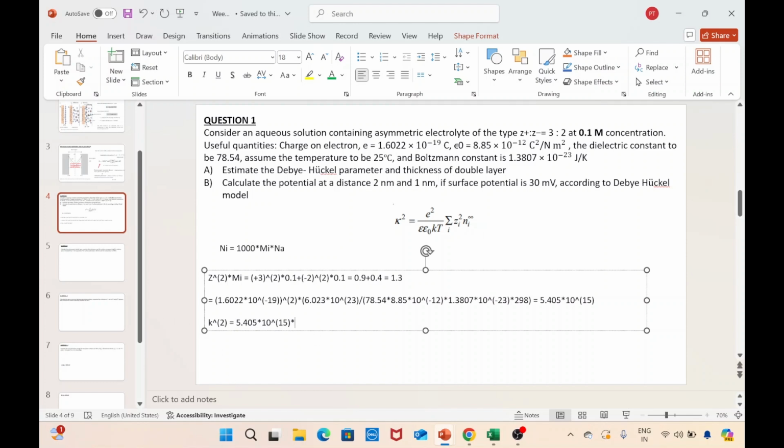just a second, we forgot to, yeah, here it is, times 1000 times 1.3. So what will be the value? Let me just check it in my calculator. Please let me know the answer if you have solved already.